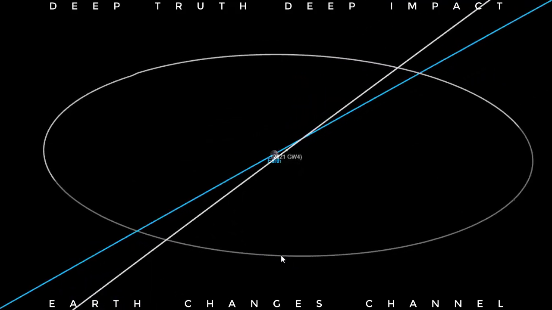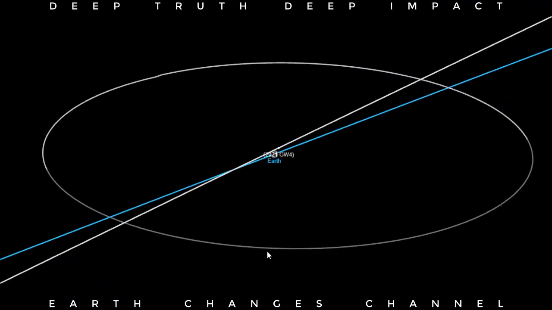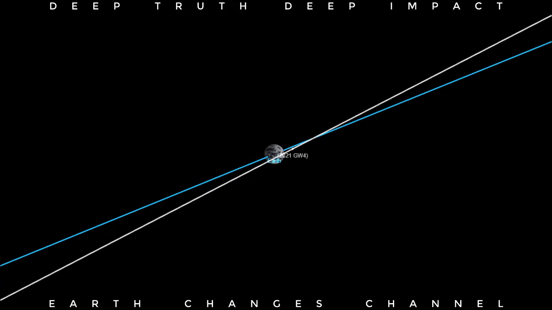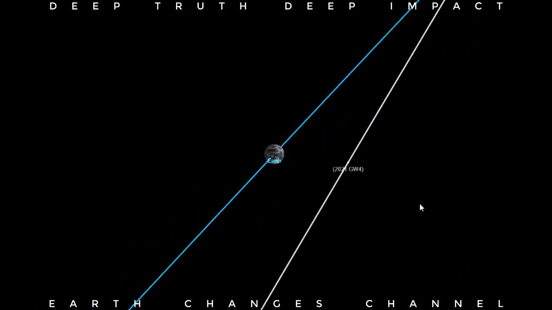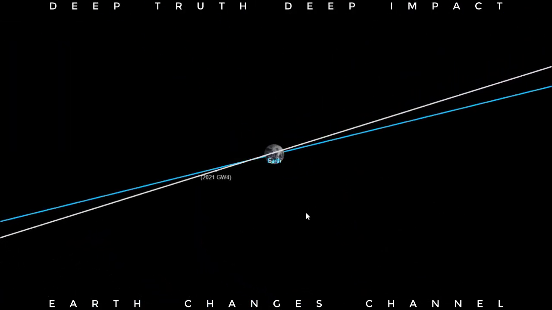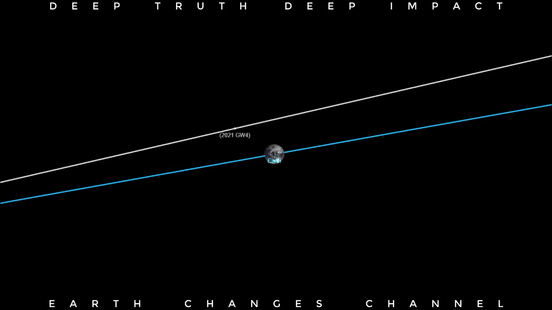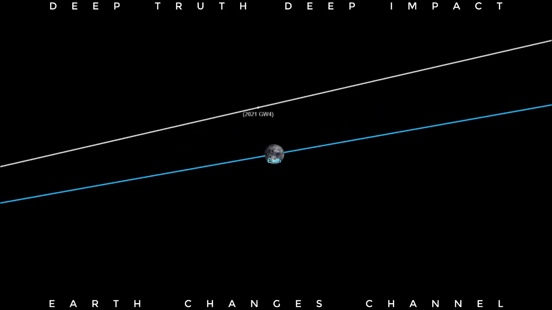If this rock passed at something like that angle right there, this is what I'm going to show you. But it looks like no matter what I do, it's not going to pass. This is just an example. This is not the right angle.